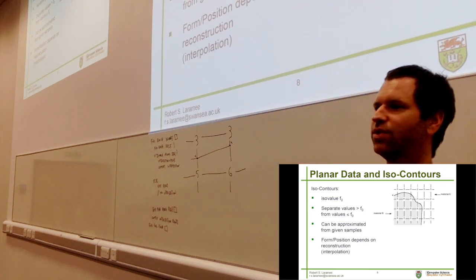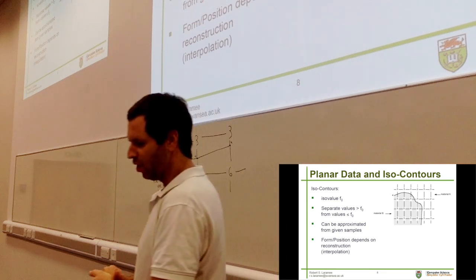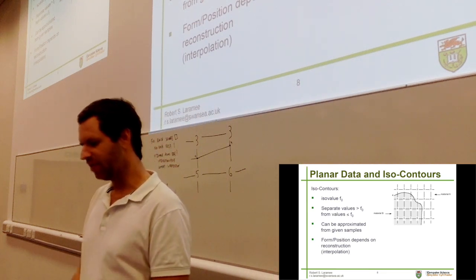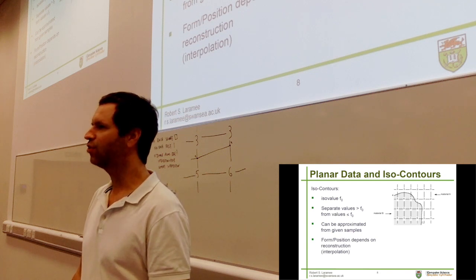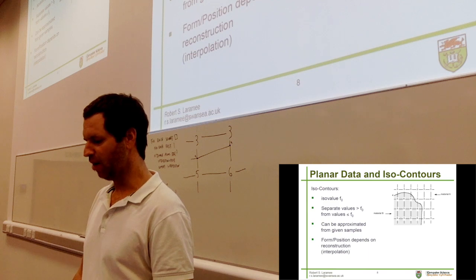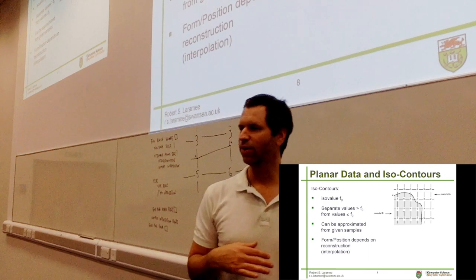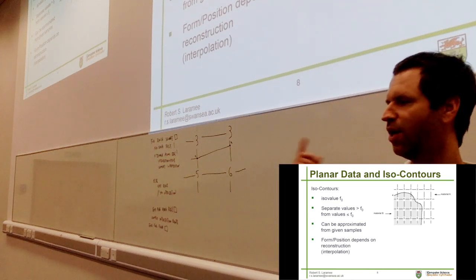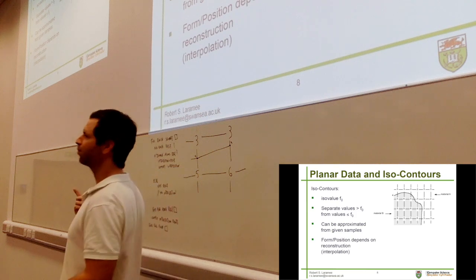Did that make sense? Hopefully. And what you'll notice is that you have separated this plane into two regions. That's the result, and it forms a boundary. So this region is the area with all the data samples above 4. And on the other side of the boundary is all of the data samples below 4.